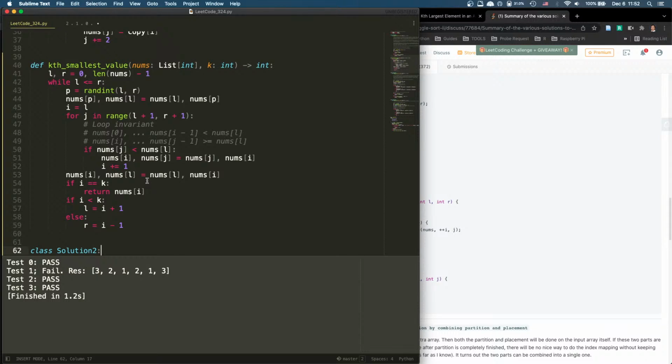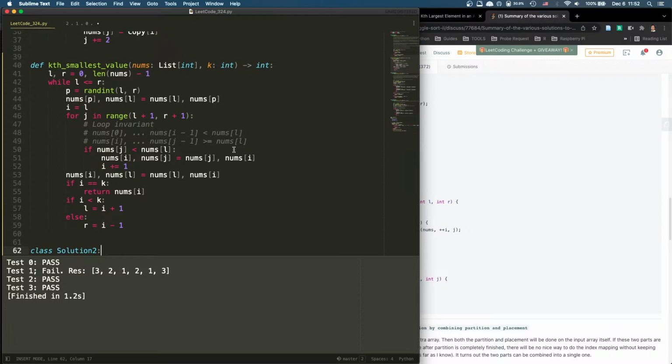J all the way to the end, and everyone is larger or equal to nums. So I pointed to the first one that will be equal to or larger than nums.